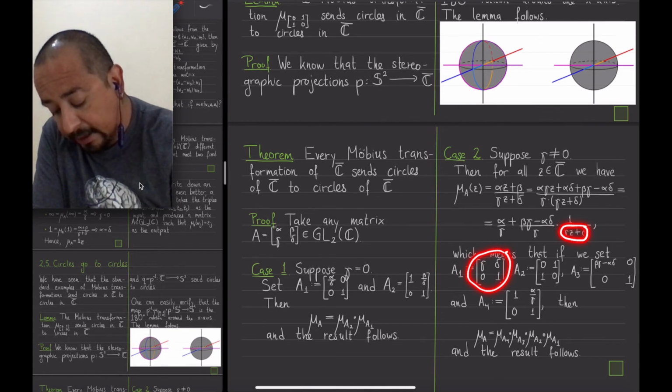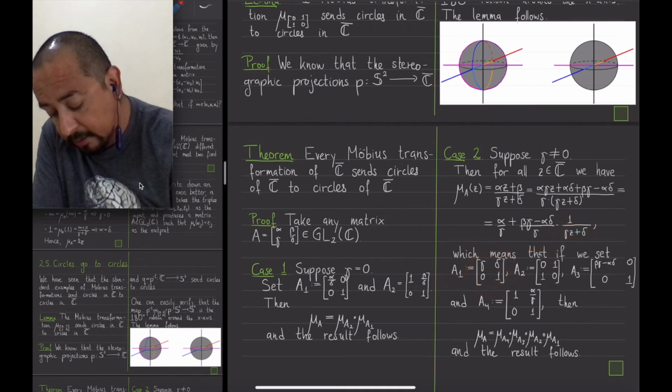Then after that, we invert, right? Because we take the result, which is gamma z plus delta, and we invert it.